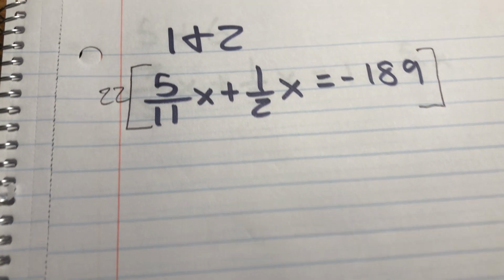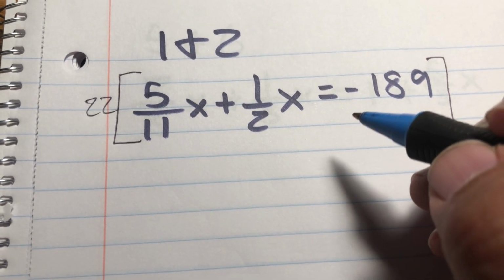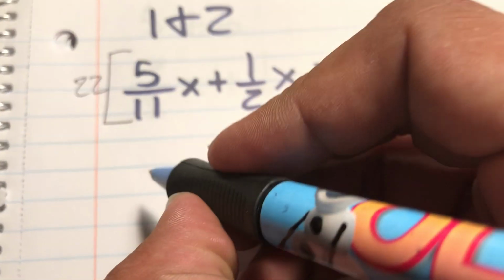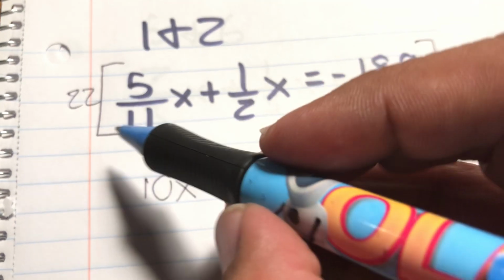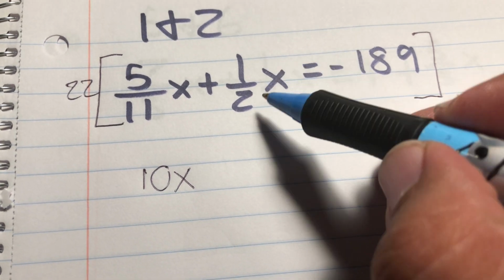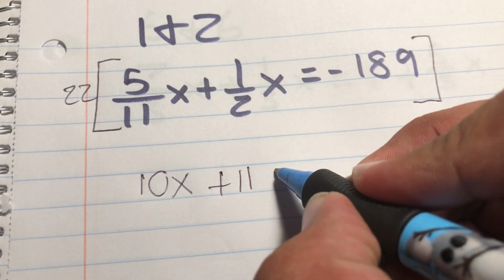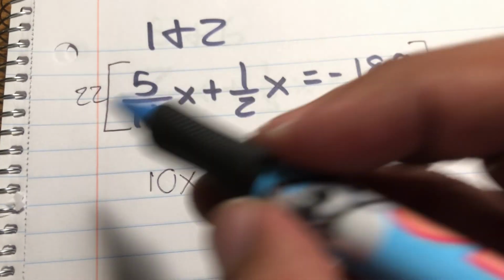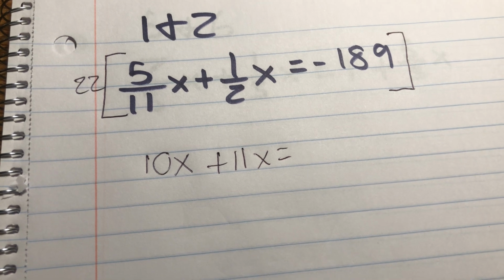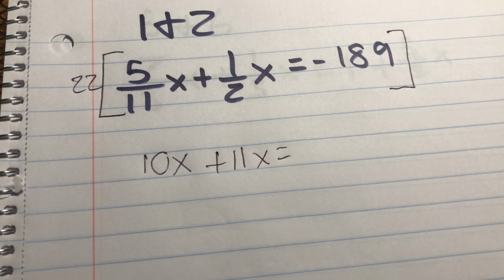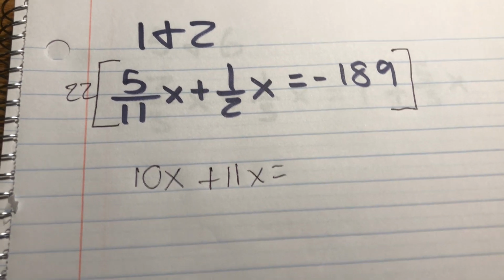So 22 times 5 is 110 divided by 11 is 10x. 22 times 1 is 22 divided by 2 is 11, so I turn those into 11x. Then 22 times 189 is 4,158.